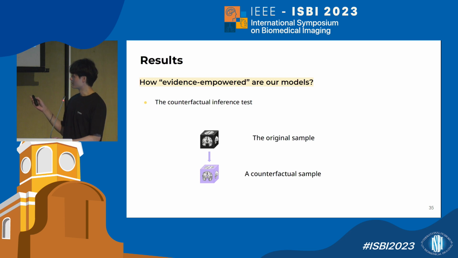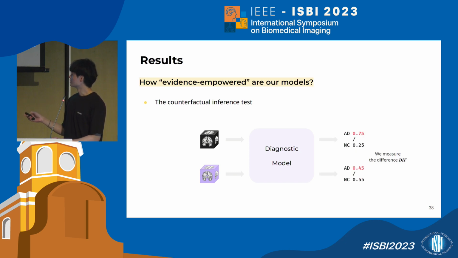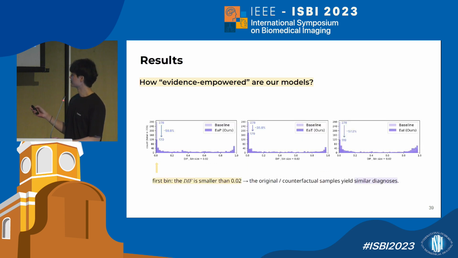By doing so, we get a counterfactual sample of the original sample. And then we pass both of them into a diagnostic model. The logic here is that a trustworthy model should make predictions that reflect the changes when the input features are modified. So we measure the difference in predicted probabilities.